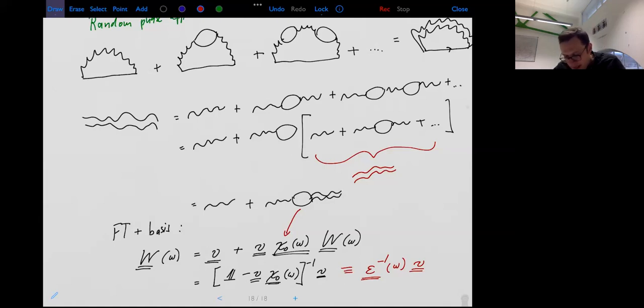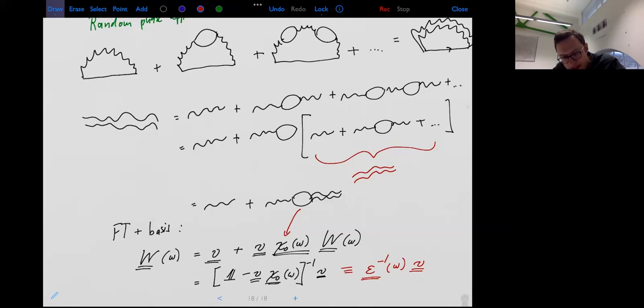All right, and then finally, I told you that we basically represented this bubble in the diagrams by this mathematical symbol chi0. Chi0 can be interpreted as the density response function of non-interacting electrons, right?